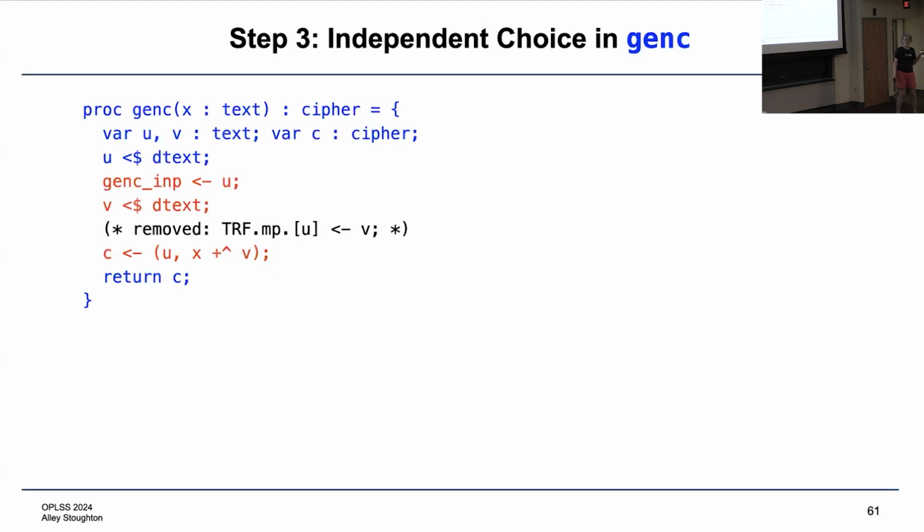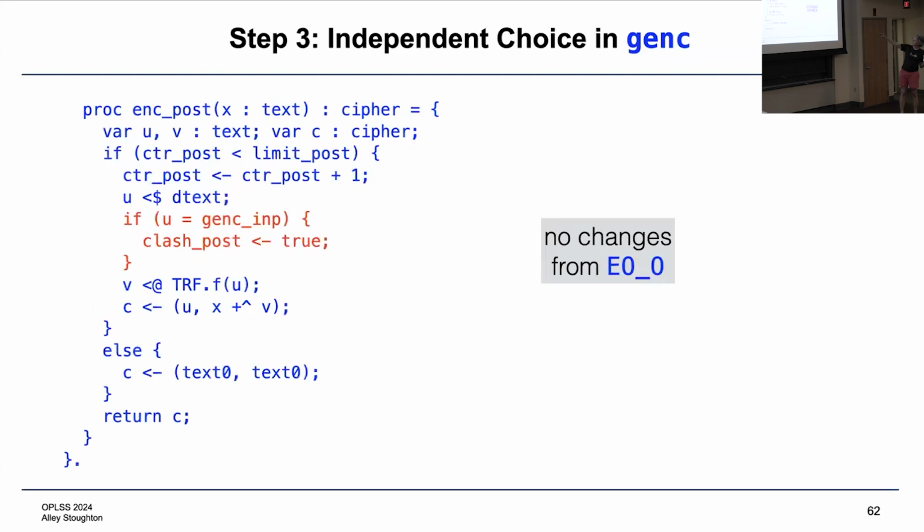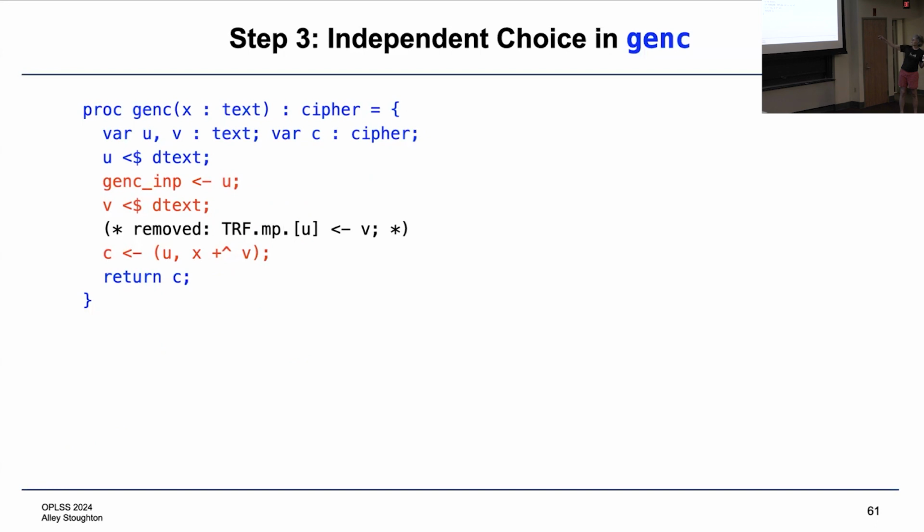But of course, well, what's the problem here? The problem is that in enc post, if the U that's picked happens to be the one that was used and saved here, well, then we've got a divergence again. And more than that, because we're not updating this map, after this point the map in the two games is going to be almost always different, because originally we were picking a random V and updating U. Here we're not.